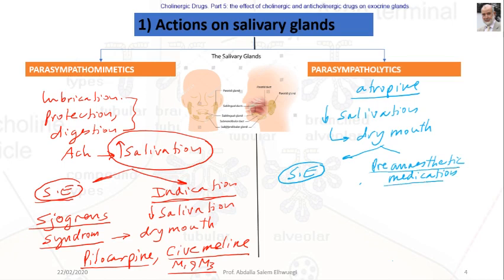They are different medications, and one of them is the use of atropine-like drugs, atropine or hyoscine. Why do they give atropine or hyoscine? Because they decrease secretion in the respiratory tract, and therefore prevent laryngospasm.